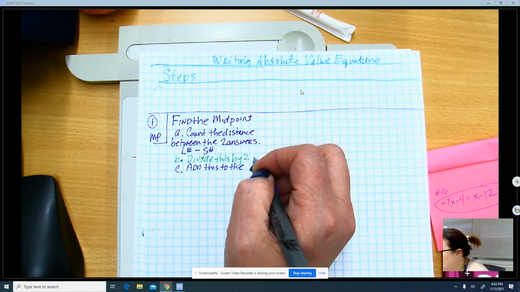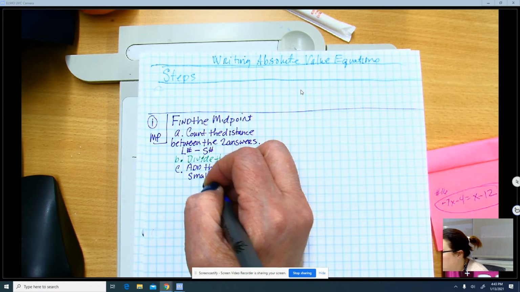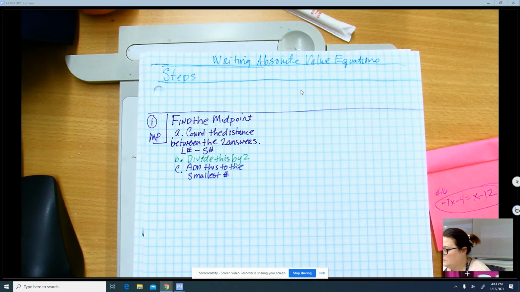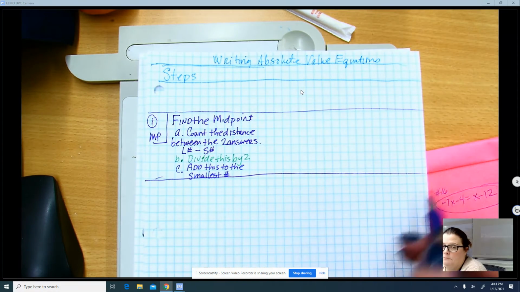So whatever you get in step B, you're going to add that to the smallest number. So you need to do those three things to be able to get your midpoint. So that's kind of all part of the first step.